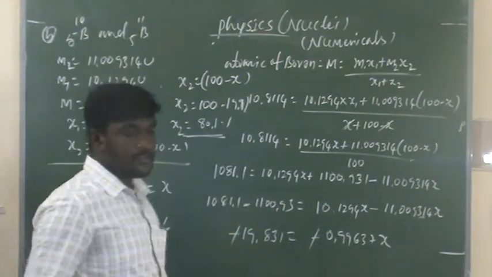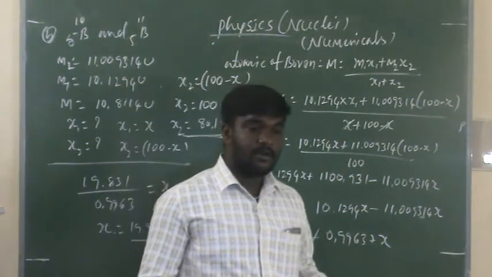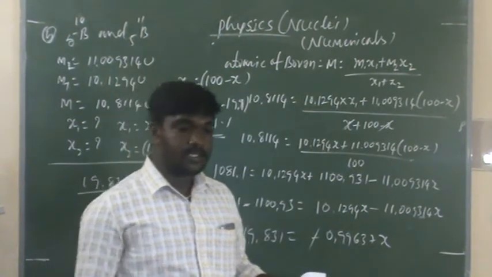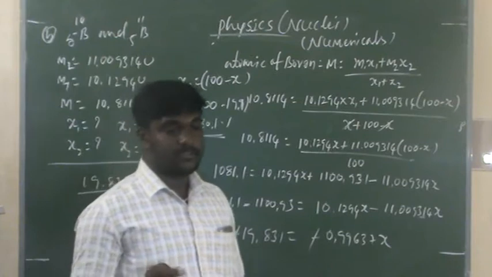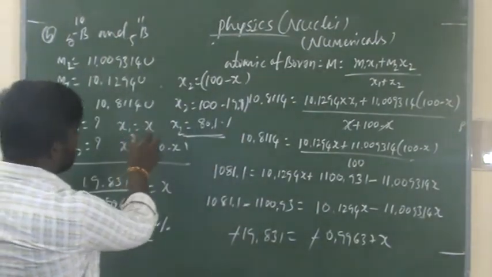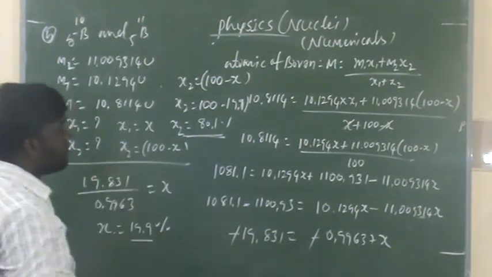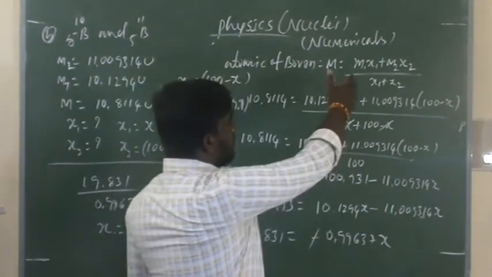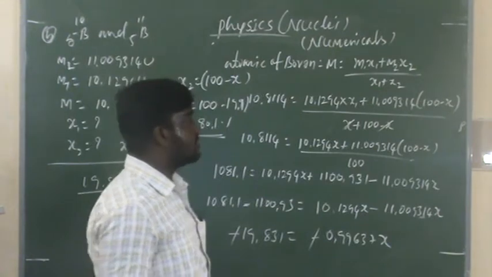First, what is given in this problem: the masses are given for two isotopes, and the atomic mass is also given. What we need to find out is the abundances x1 and x2. So here we consider x1 is equal to x, x2 is equal to 100 minus x. You know the formula of atomic mass, m1 x1 plus m2 x2 divided by x1 plus x2.